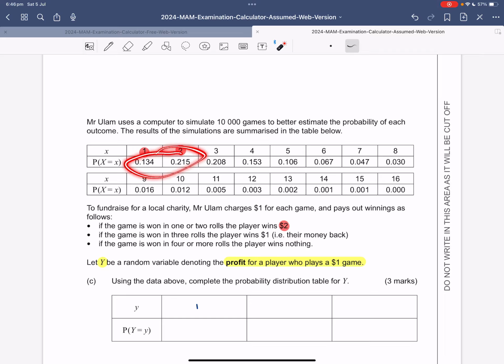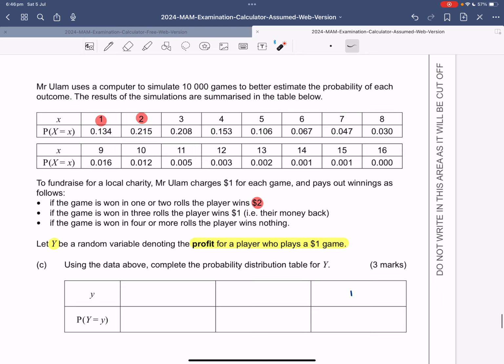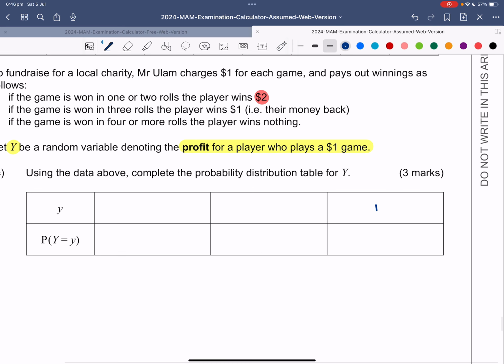If I add up these probabilities, 0.134 plus 0.215 adds up to 0.349. So there you go, there's a 0.349 probability of that happening.